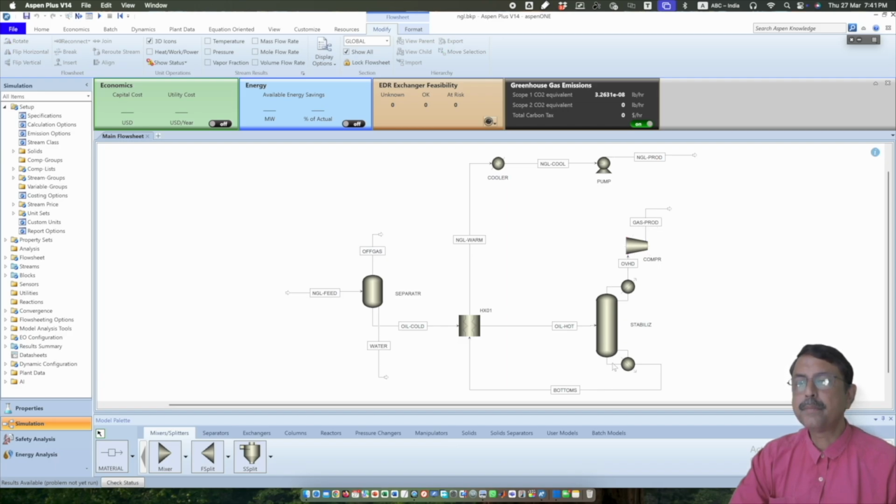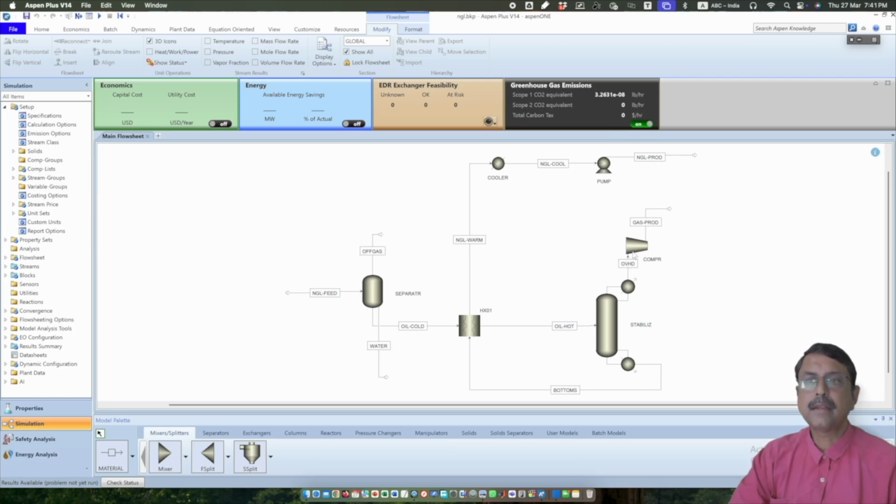On the other hand, the bottom product of the stabilizer column, after the heat exchange, it goes through a cooler, and that cooler output goes through a pump where it is pumped to a higher pressure. So here we have a liquid outlet which is pumped, and a high pressure liquid is the output over here.